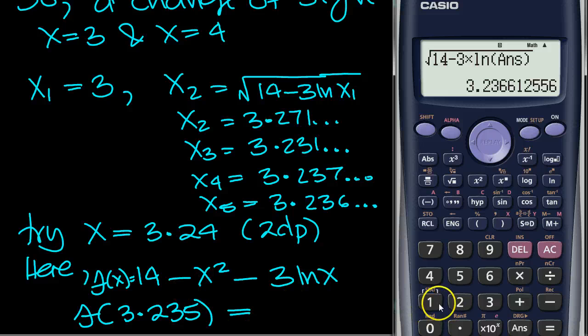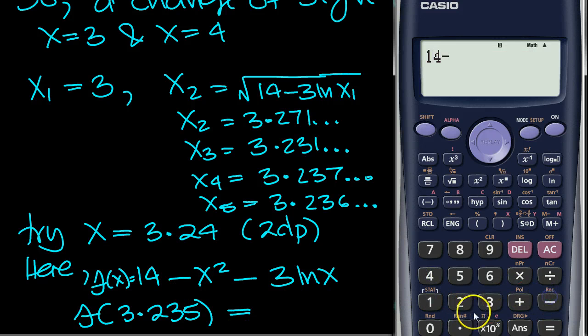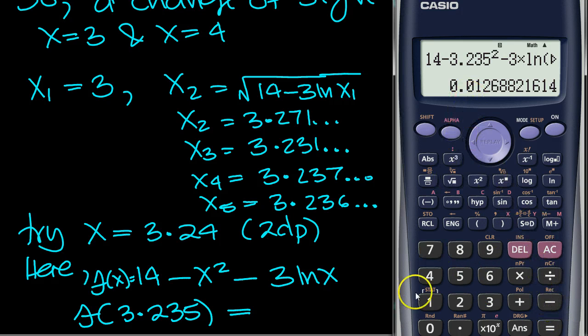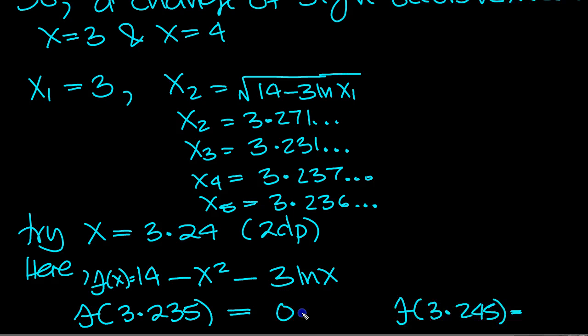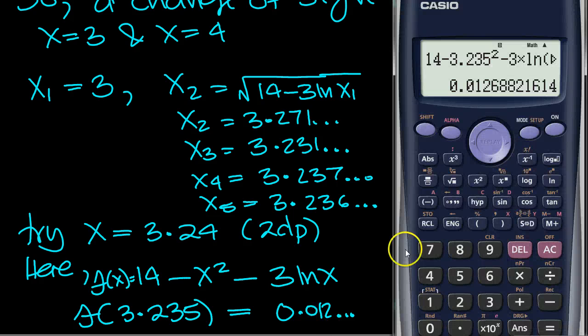So we've got 14 minus x squared, which is 3.235 squared, minus 3 times ln of 3.235, close bracket, equals 0.012. So that was that one.